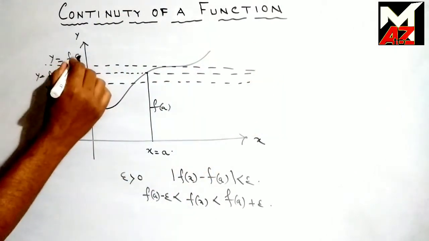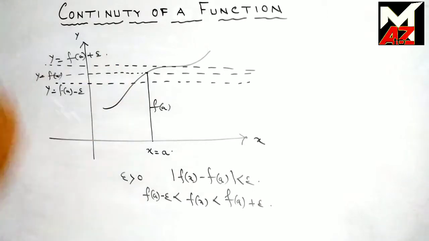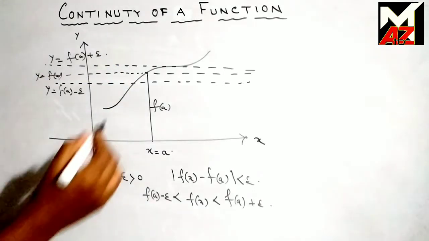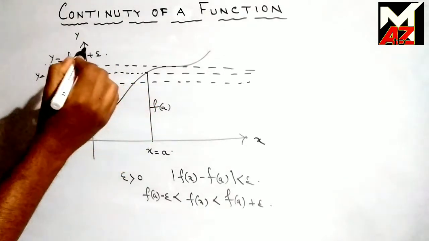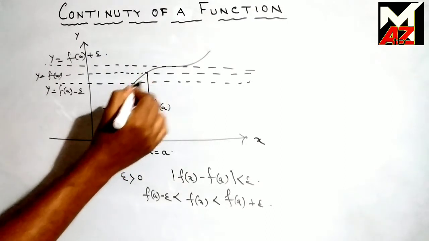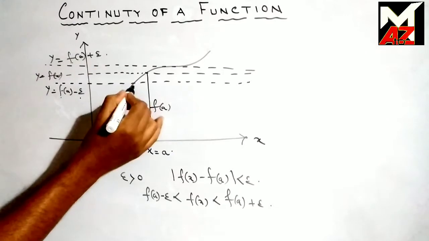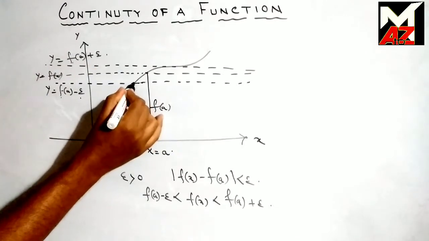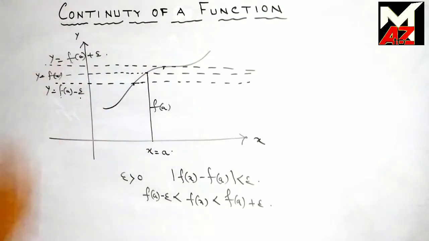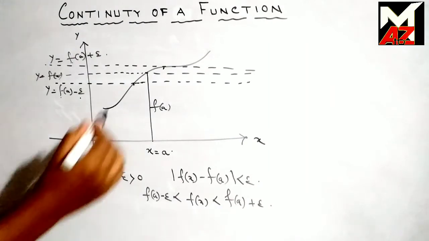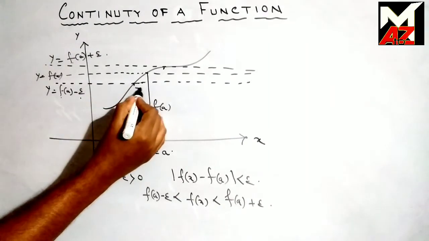Now we clearly see that for f of a minus epsilon and f of a plus epsilon, the intersections are here and here, maybe of the same length from this and from this, or maybe of different length.